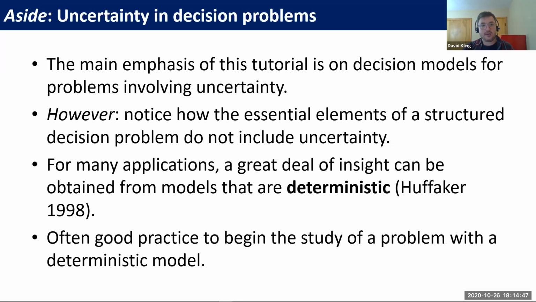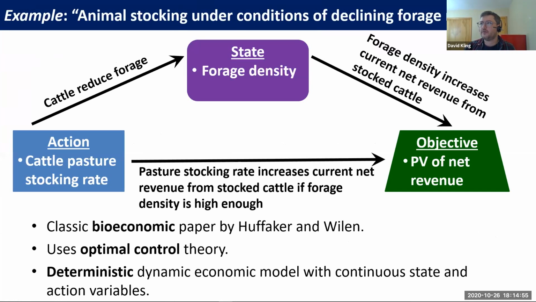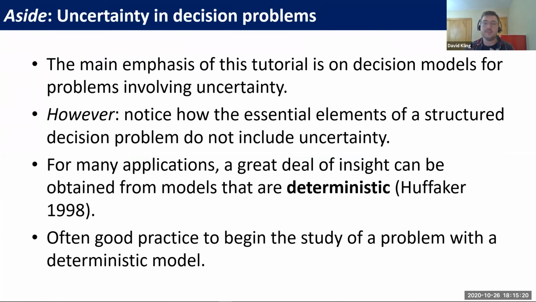But if you go back to this diagram, I'll put it up one more time, nowhere in here, maybe we could all imagine relationships involving uncertainty, but nowhere have I included any source of uncertainty. And you might think that for a system like this example, sure, there are sources of uncertainty like the weather, droughts, disease, that are important.